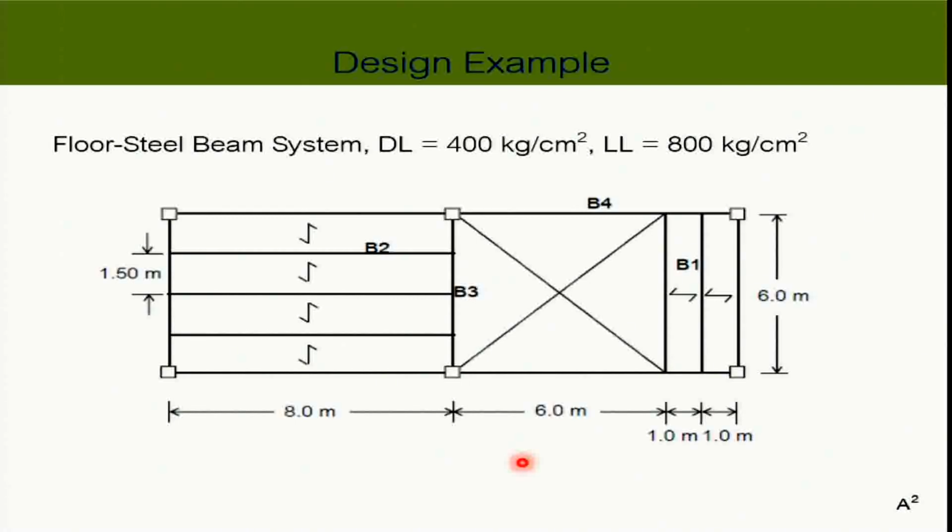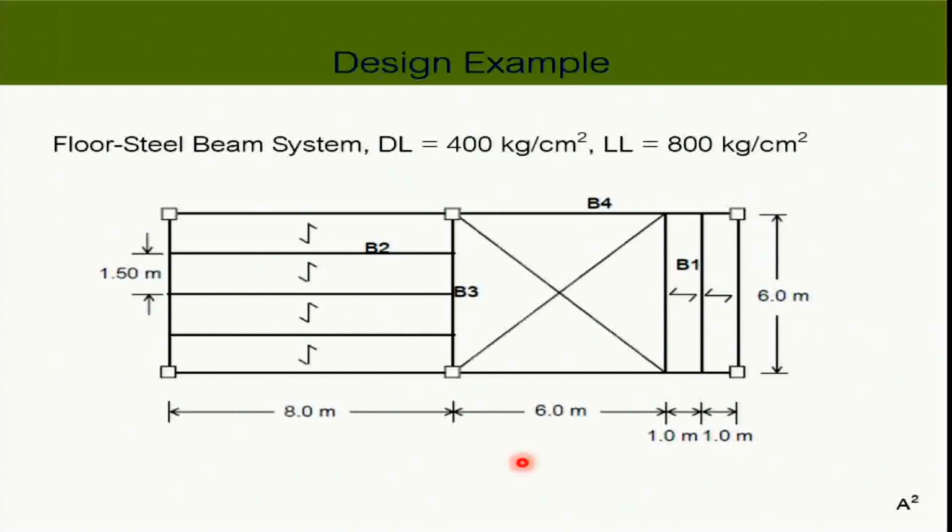Now, B4. This is the opening created for demonstration only. B4 supports B1. So that becomes the unbraced length there. However, the biggest unbraced length is between the opening.